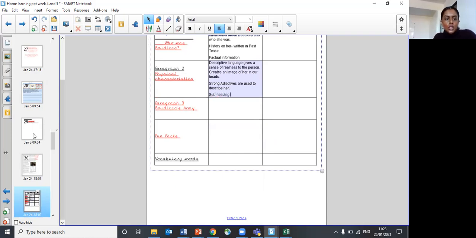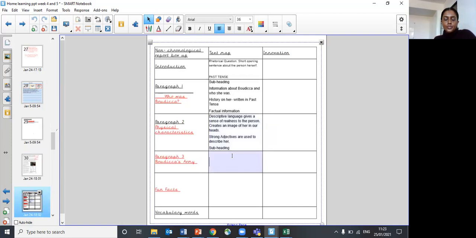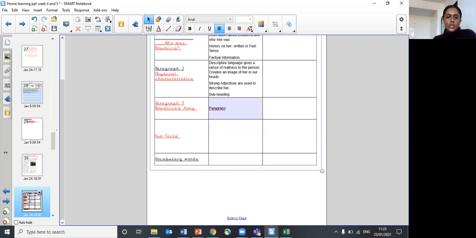Okay, if we go to Boudica's army, that is split into 1, 2, 3 small paragraphs. So we've got paragraphs within the subheadings.